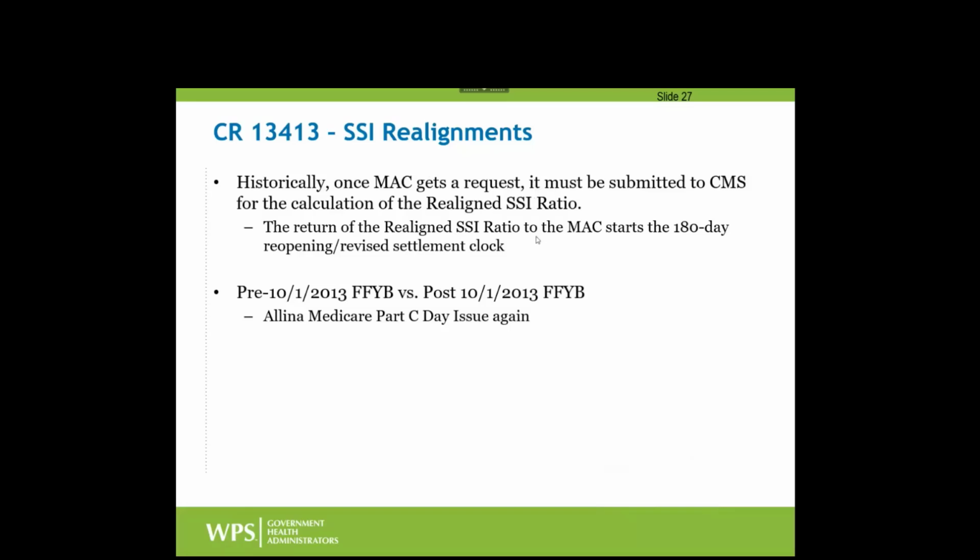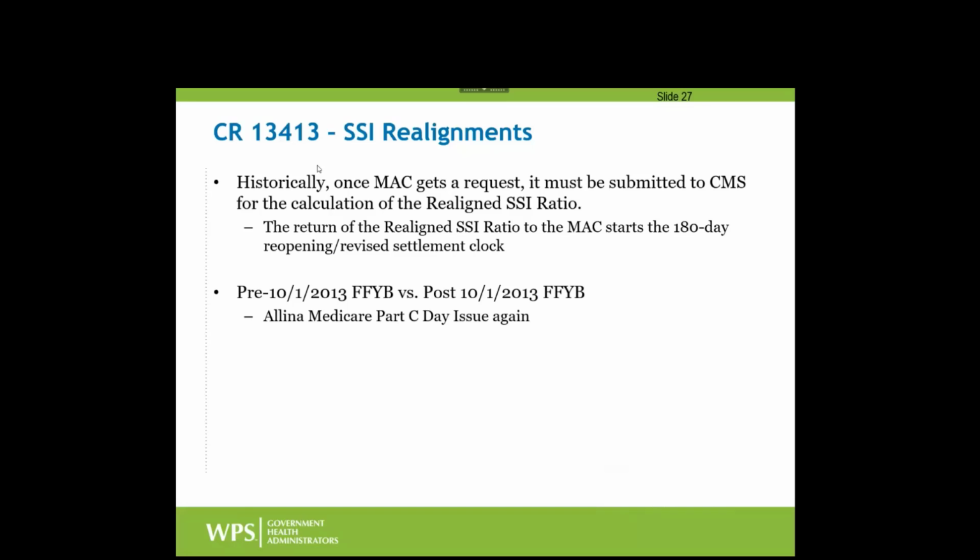Now, in the past, we used to have to submit these to CMS to get the SSI ratio, and now they have actually given everybody a listing of what the SSI ratios are for the old ones, for everything under this CR 13413. For the newer SSI ratios after 13, they're still following the old process.